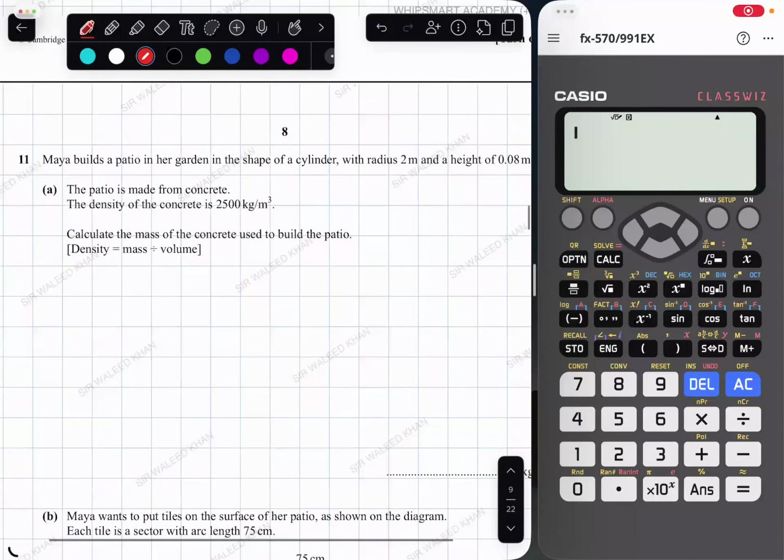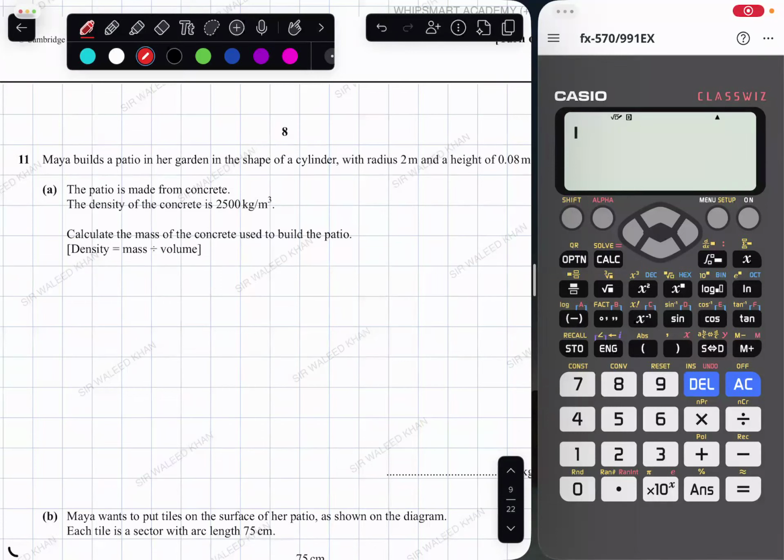Question 11. Now, Maya builds special, yes, you're right, okay. So, in her garden, in the shape of a cylinder with radius 2 meters and the height of 0.08 meter.